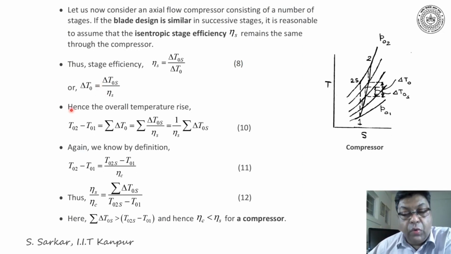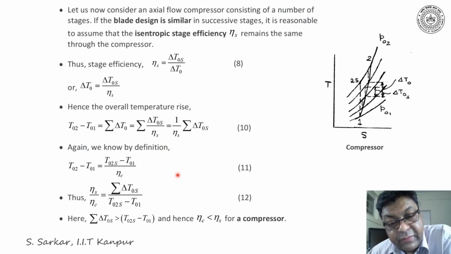Thus, I can write the overall temperature rise T02 minus T01 is equal to sigma del T0, that is the summation of all temperature rises through different stages, which would be equal to sigma del T0S by eta S. Now eta S being constant, I can take it out of the sigma sign, thus 1 by eta S into sigma del T0S, which is equation number 10.